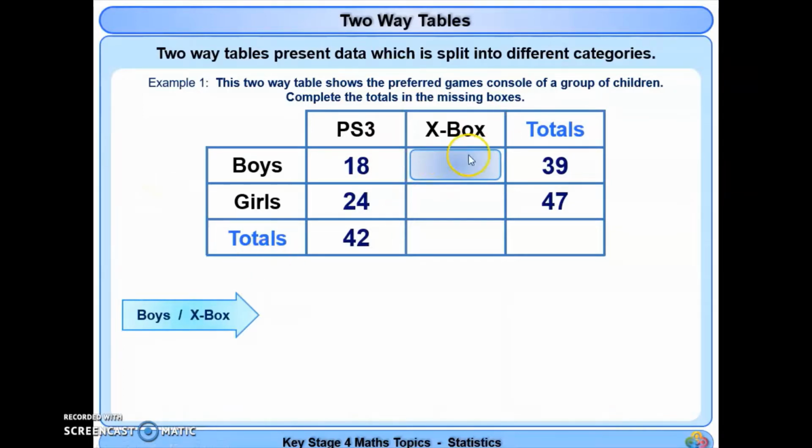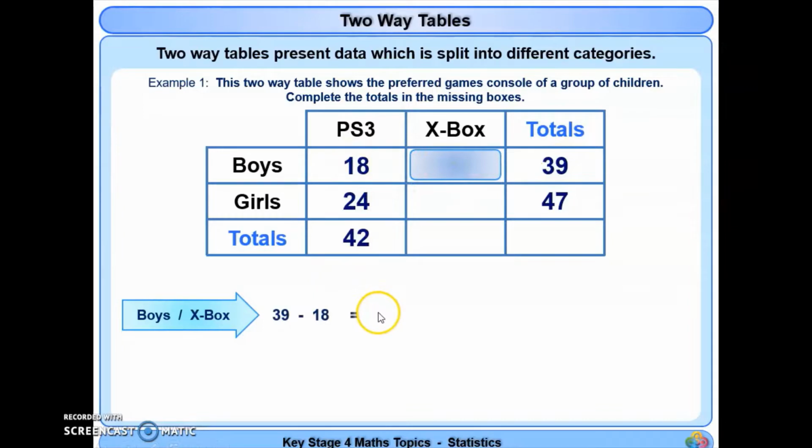Okay, so at first we're going to have a look at this box here. If we know that 18 boys preferred the PS3 and there was 39 boys in total represented in this data, to find how many boys like the Xbox, we need to do a little subtraction. 39 subtract 18.